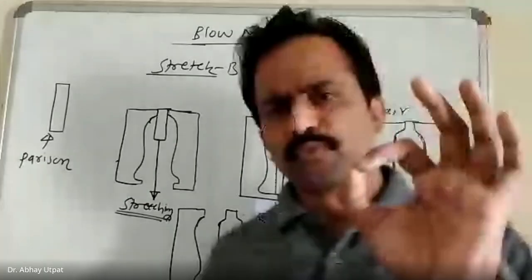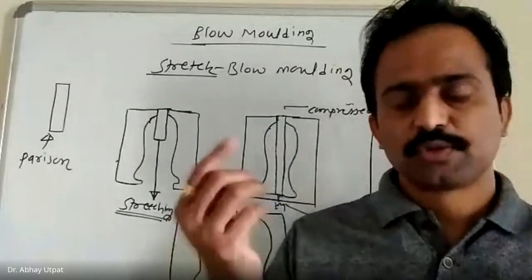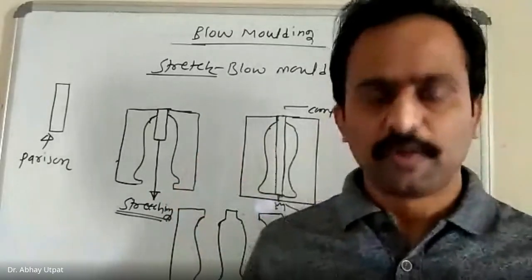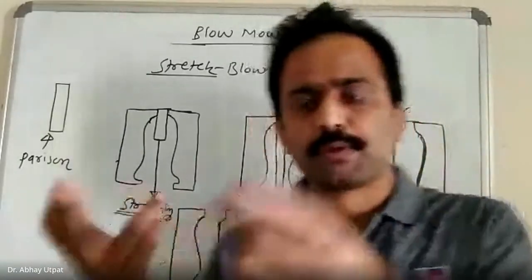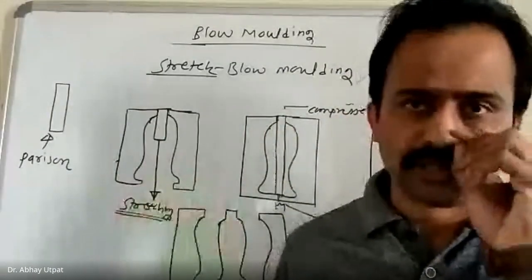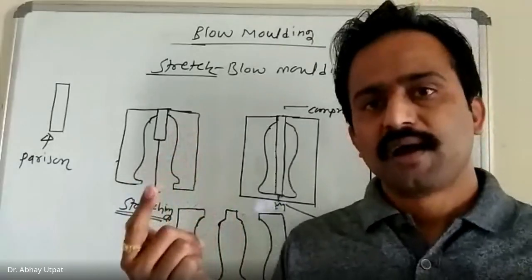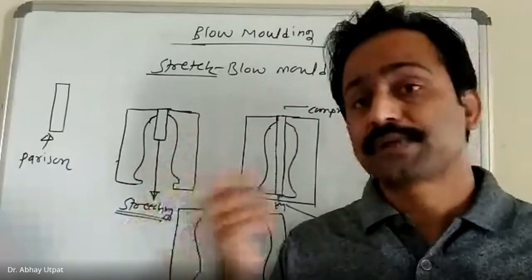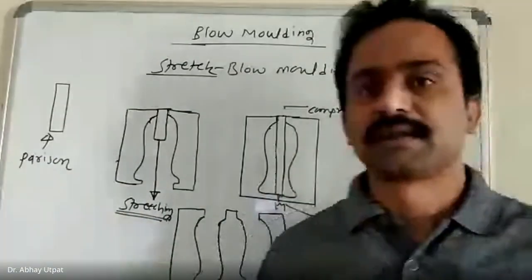I will give a local example which you can understand easily. During your childhood, or even currently, some people may be using balloons for parties and other things. When you are bringing a balloon from the market, how are you swelling it? Recall, you are stretching it and then you are swelling it.